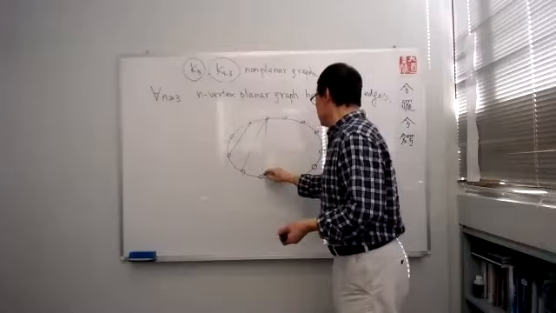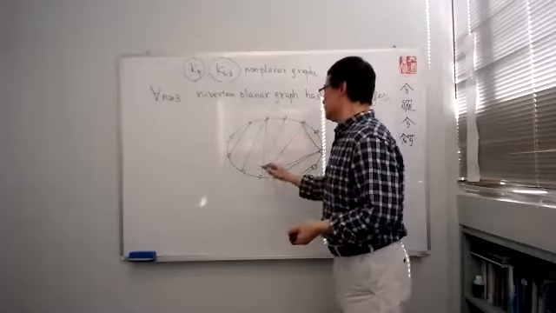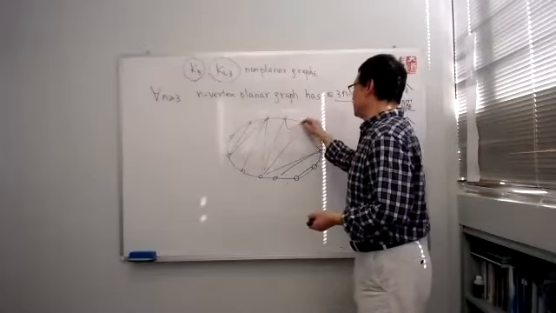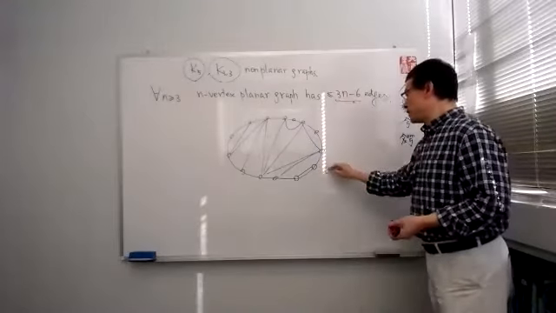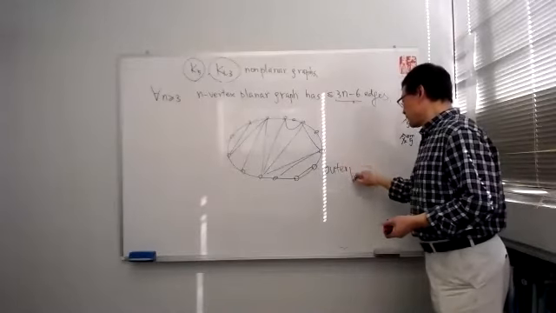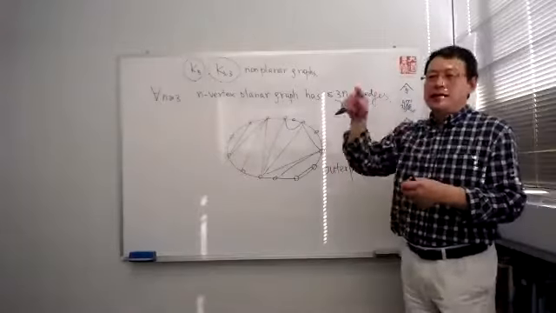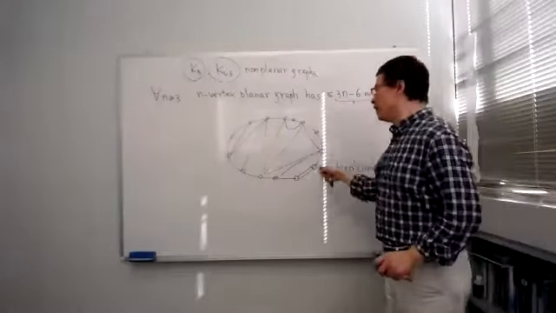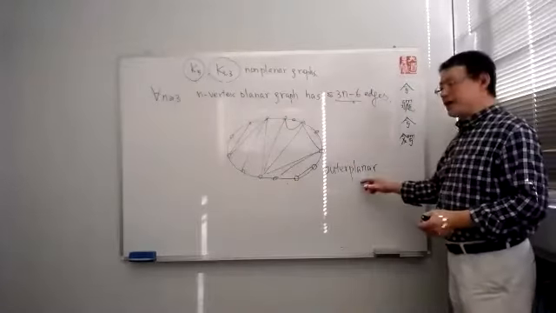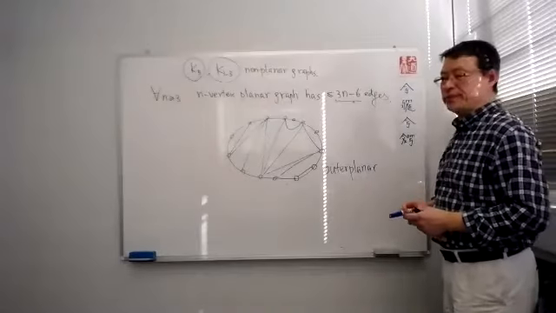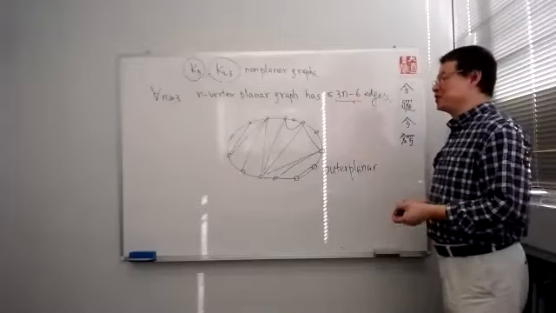So the graph will look like this. This is called an outerplanar graph. Actually, if we consider embedding on the sphere, it's the same as one face containing all vertices. It's exactly the same, okay? So in the homework, I asked you to prove the number of edges of an outerplanar graph is bounded by 2n minus 3. The proof we give here should give you an idea how to do this.